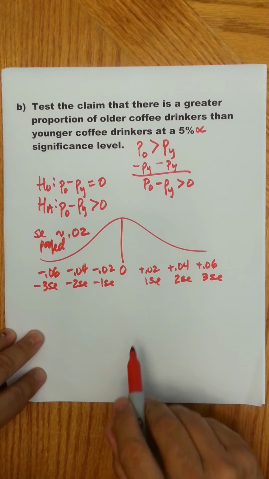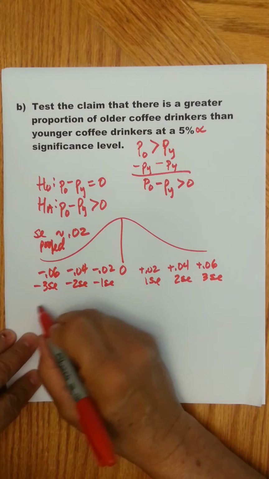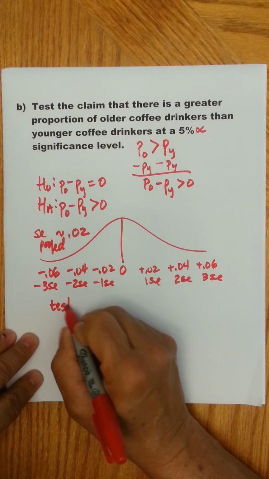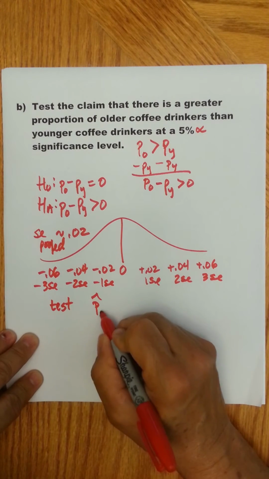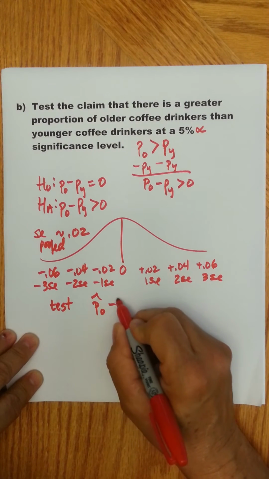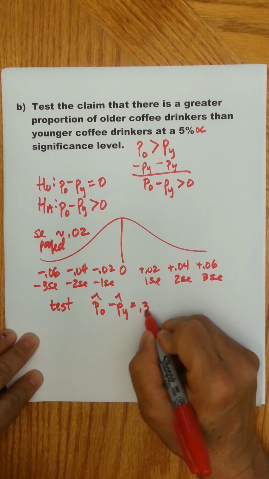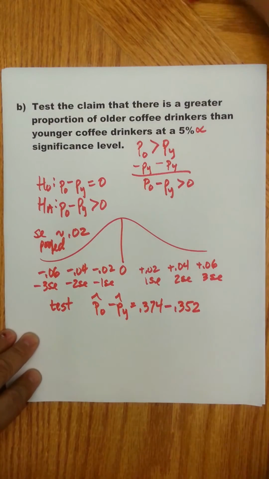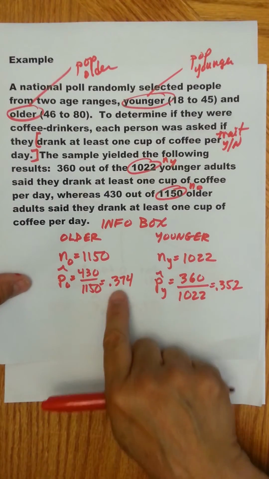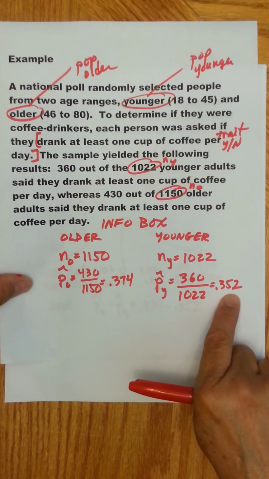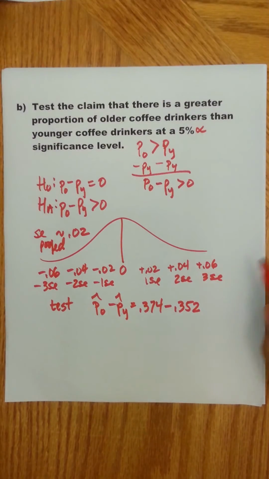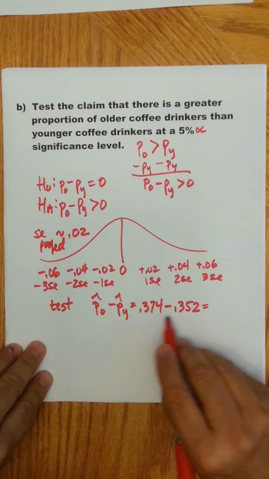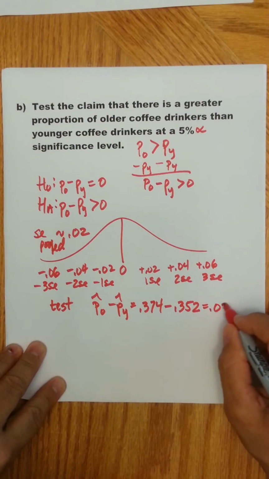And what we want to test and see, with our test, is the difference in the sample proportions. Well, that's 0.374 minus 0.352, right? Remember, that's right over here, from my info box. And that means I get a sample difference of 0.022.